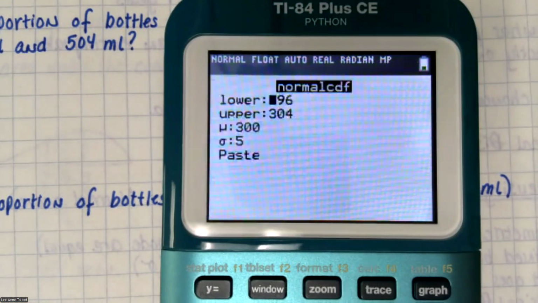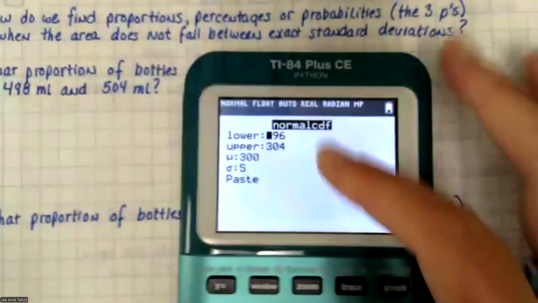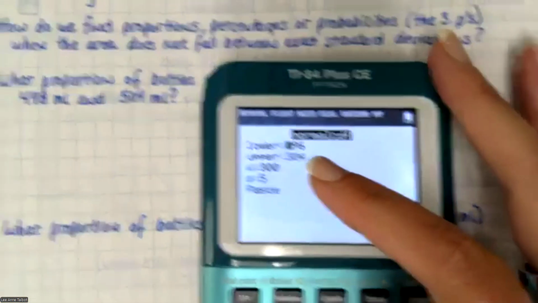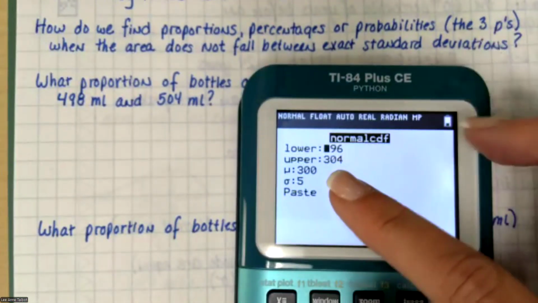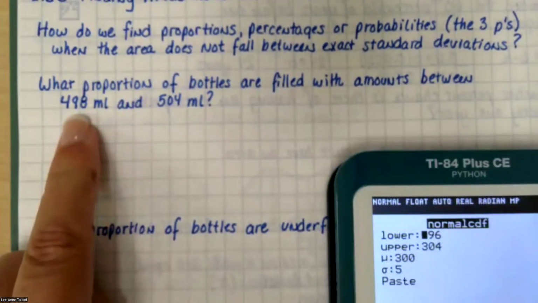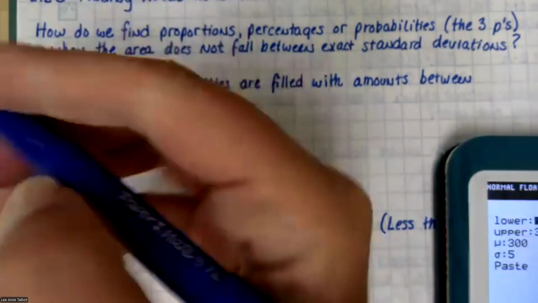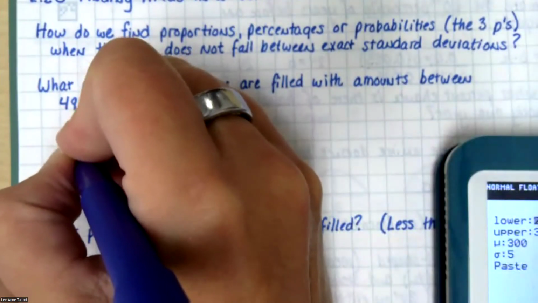And hit enter. You probably don't have numbers in there because you weren't just doing stats for fun on the side, but it's going to ask you for some values to type in. It wants to know your lower bound, your upper bound, your mean, and your standard deviation. In this problem, the lower bound is 498, and we're actually going to write these on the side over here.